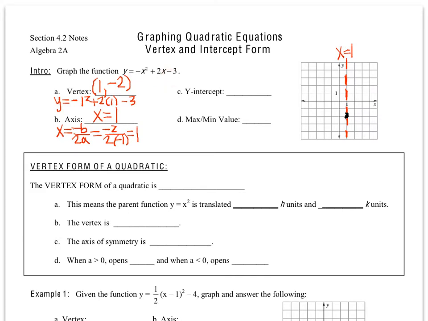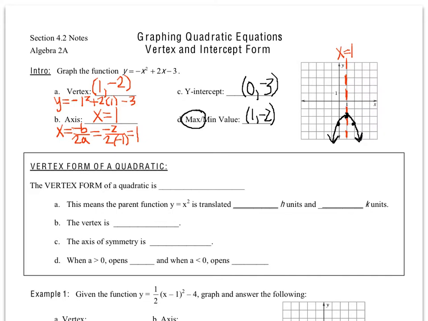So my y-intercept is going to be right here at negative 3, and this is the point 0, negative 3. And if I reflect that across the graph, there's another point right here. And we know our vertex is our maximum. So we have a maximum value, and that's the point 1, negative 2. And so if I connect these points, there's my parabola.